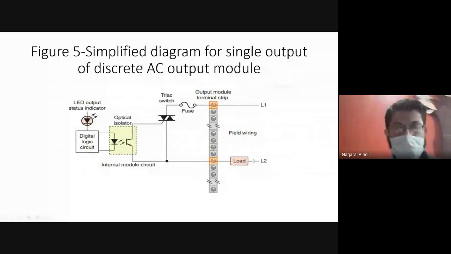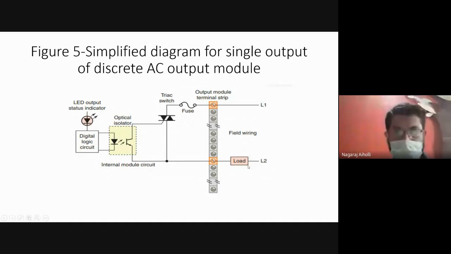Remember, the important point is that the Triac switch is used to operate the AC load. The Triac switch cannot be used to operate the DC load, students. It can be used only to operate the AC load because it is bidirectional in nature. It conducts in both directions, and hence it is meant to operate AC, alternating current loads, but not DC loads.